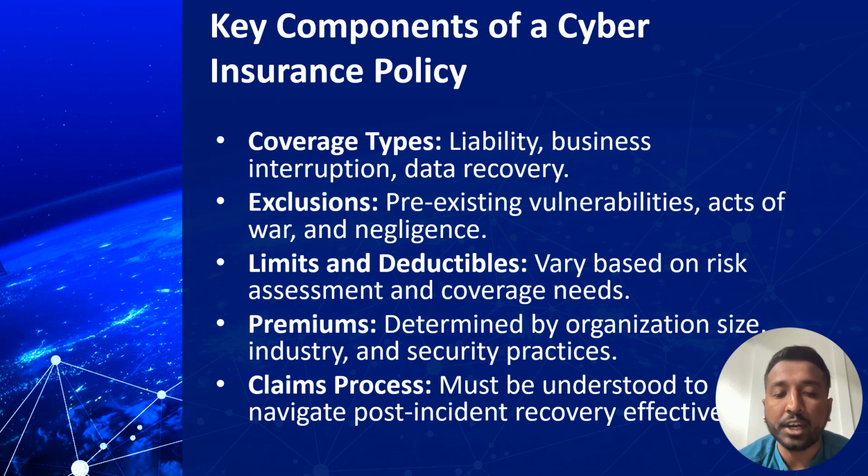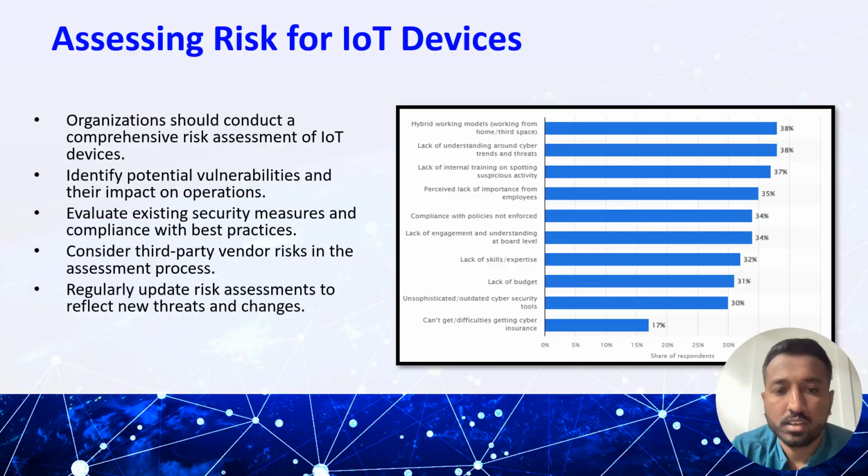The limits and the deductible levels of the policy will vary based on the risk assessment and the specific coverage needed. Additionally, premiums are determined by factors like organization size, industry, and security practices. Familiarizing ourselves with the claim process is vital for effective recovery post incident.